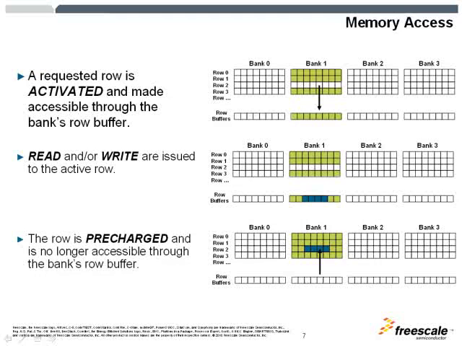Next, to do any read or write operations, the column address of where to begin reading from the row buffer is provided, and all the read and write operations happen on the row buffer itself. Once the information has been read or written, and we no longer need the row buffer, we close it. This command is called a pre-charge, so the information is restored back into the two-dimensional array.